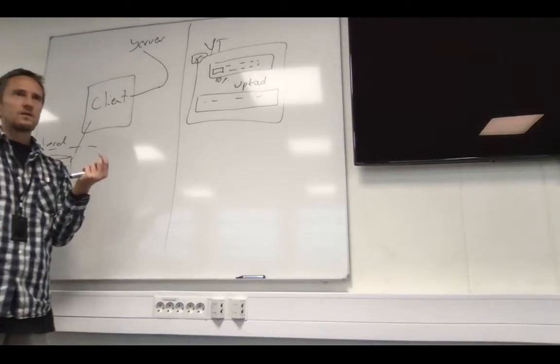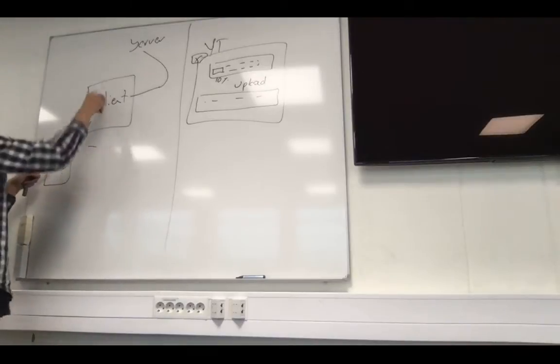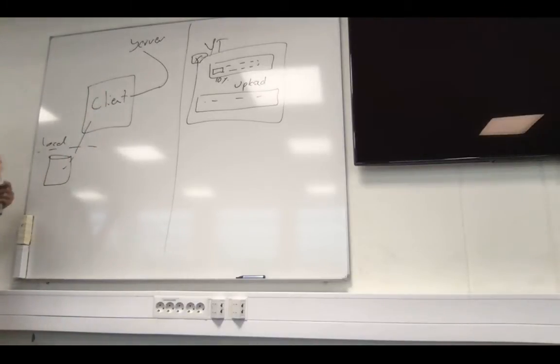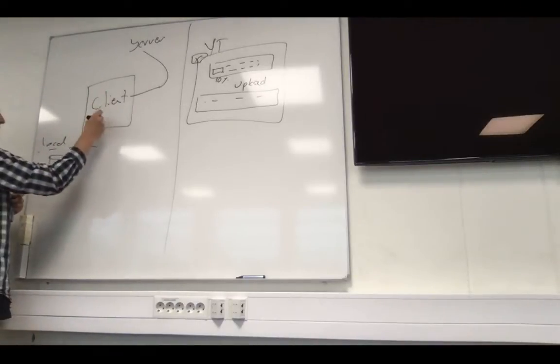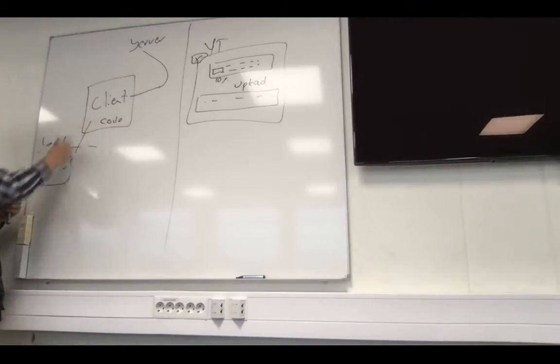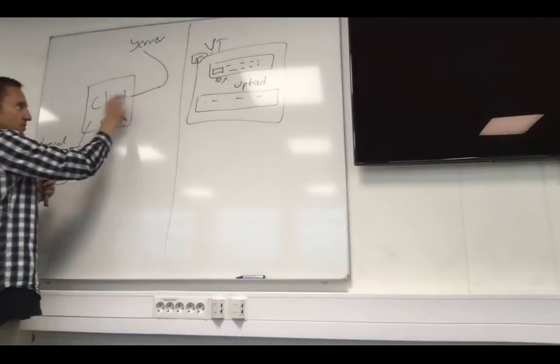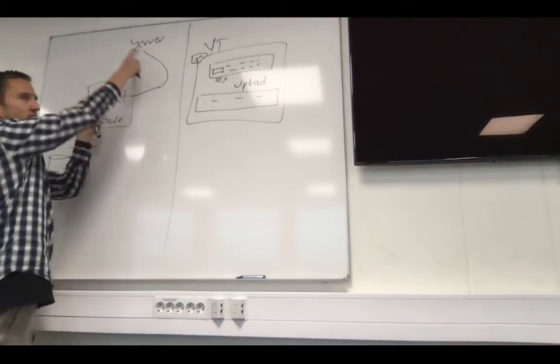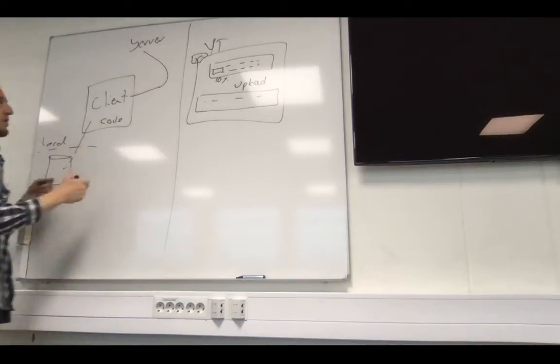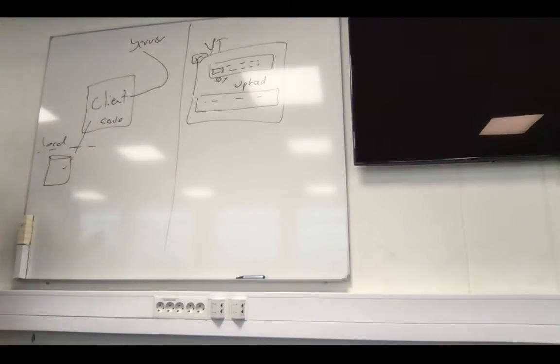Is it clear? So you cannot upload the file if this middle bit is missing, right? So the client has some code which reads from your local file system, encodes the data to be passed to the server, and then it passes it through. And it takes a while, right?